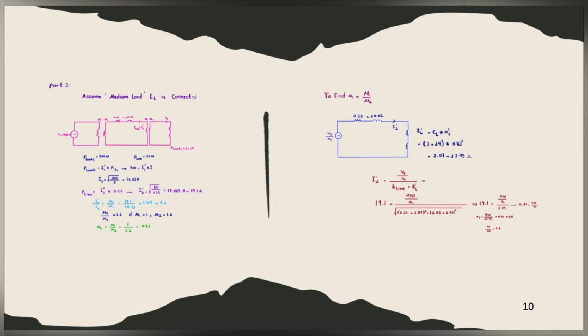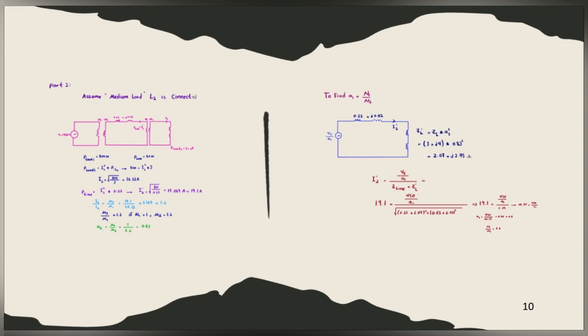For P load 2, we use Ohm's law to find I2. P equals I multiplied by R, which is I2 square multiplied by RL2. We substitute here P load 2 as 800 and RL2 as 3. From this equation we use the square root to cancel the square. So I2 equals the square root of 800 over 3, which is equal to 16.33 ampere. And for P line, the same, we use Ohm's law to find I2 dash.